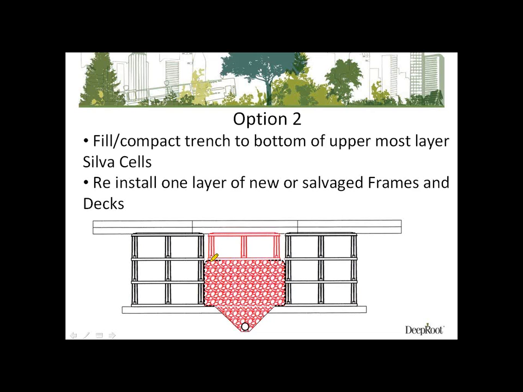Run that up all the way to the bottom of the top layer of Silva Cells. Just put one layer of Silva Cells back in, just so you have that bridge, so that those roots have the chance to share the soil volumes, the adjacent soil volumes, or the soil volumes that have been separated.